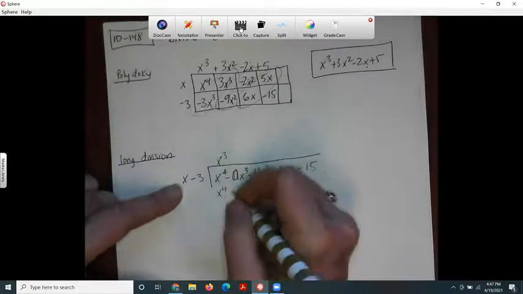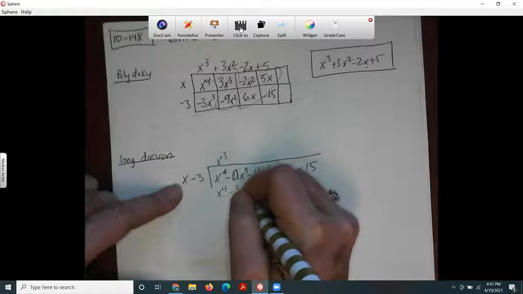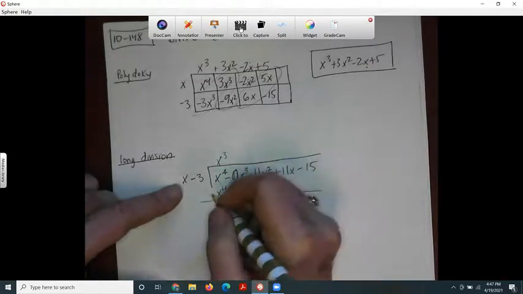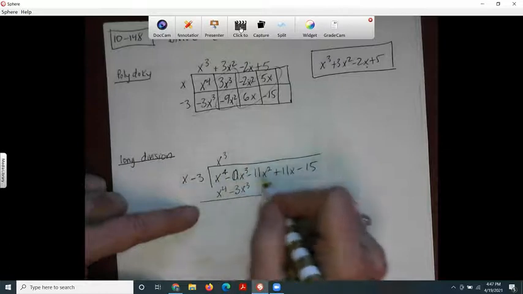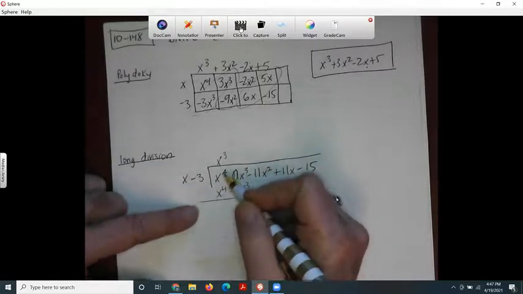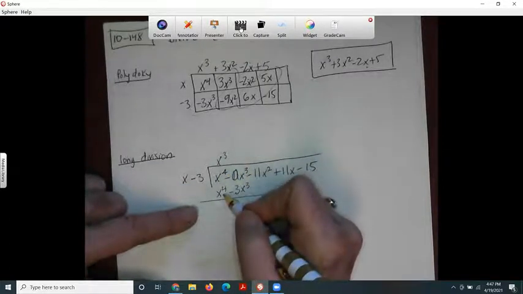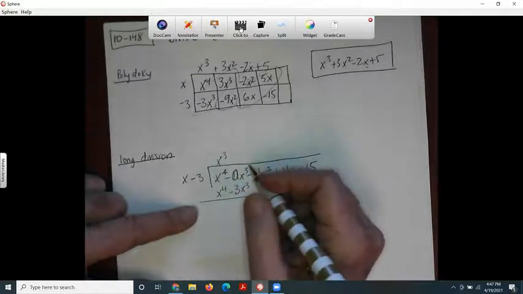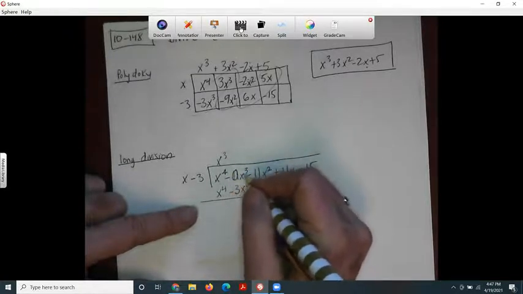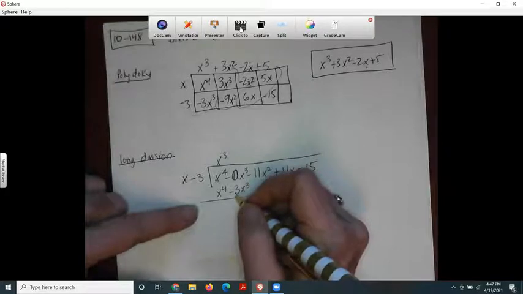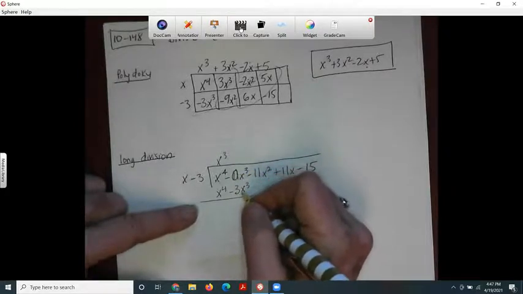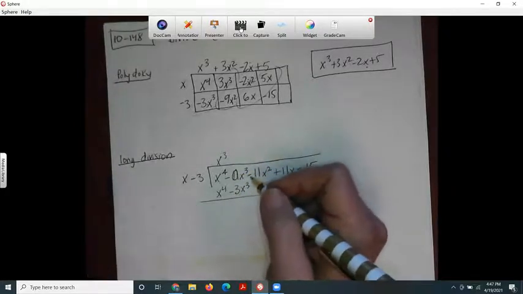And then you subtract, like this line from the line below it. So x to the 4th minus x to the 4th is 0. Negative 0x cubed minus negative 3x cubed is positive 3x cubed. And then you bring down.